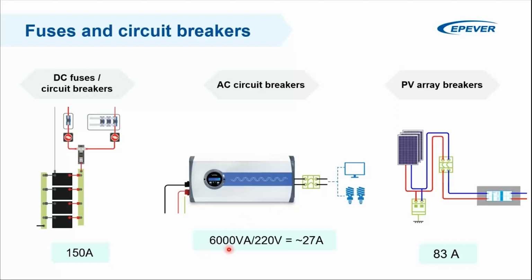Take the surge capacity of this inverter and divide it by the output voltage, and it tells you that, okay, I'm going to accept some 30 amps, and so I will apply something between 1.2 to 1.5 times this amount. So something like 35 or 36 amps would suffice for this circuit.